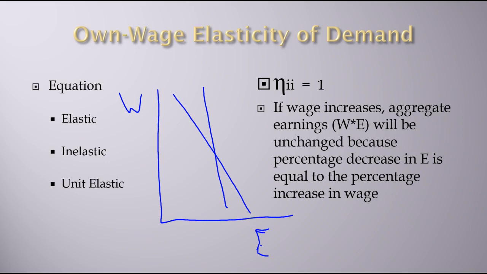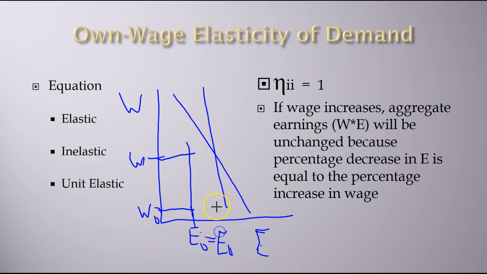And a good rule of thumb to remember it is, if you draw the line perfectly vertical, which is perfectly inelastic, you can change the wage from W0 to W1, and employment is going to go from E0, it's not going to change at all.